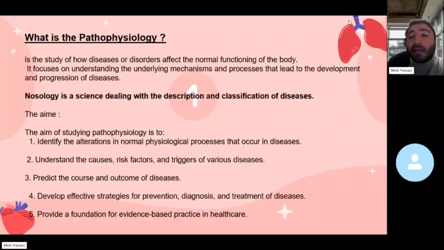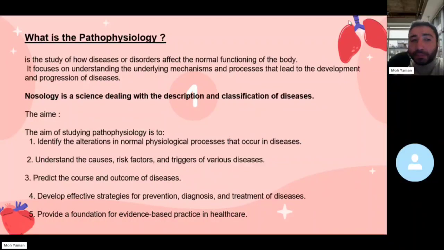Okay, the term pathology was a science which explained pathophysiology and path anatomy. But after that, the scientists separated those sciences into pathophysiology and path anatomy. What's the difference between path physiology and path anatomy?